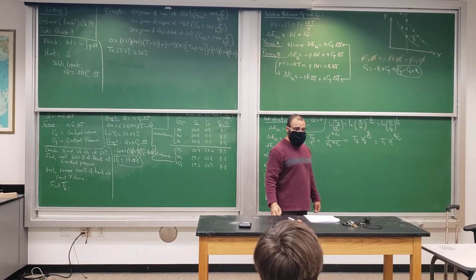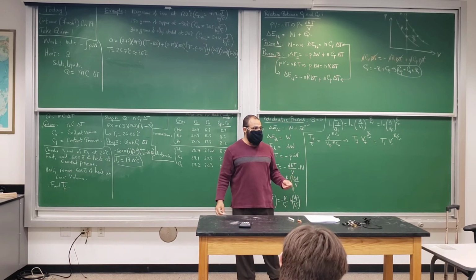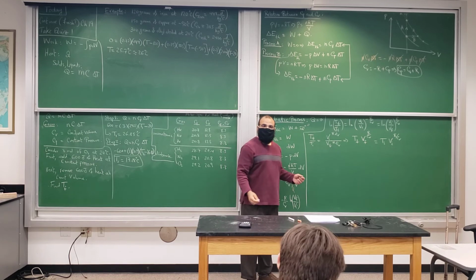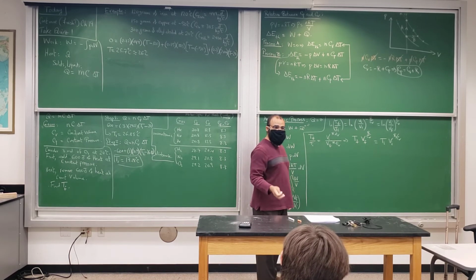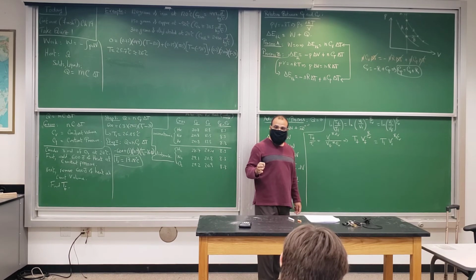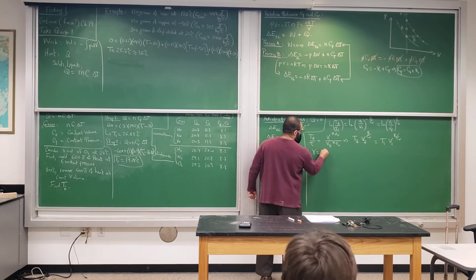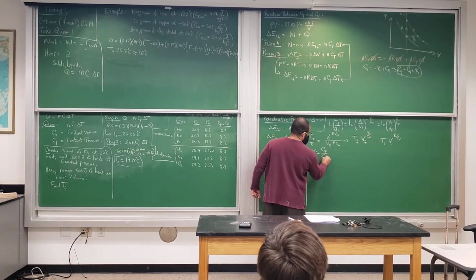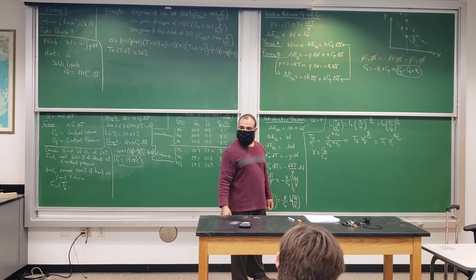And that's good enough, to be honest with you. But people usually write it in terms of a new thing called gamma. They define a number called gamma. It's a constant. If you have a diatomic gas, it's a certain number. If it's monatomic, it's a certain number, and so on. Gamma is defined as Cp over Cv. Just by definition, it's Cp over Cv.